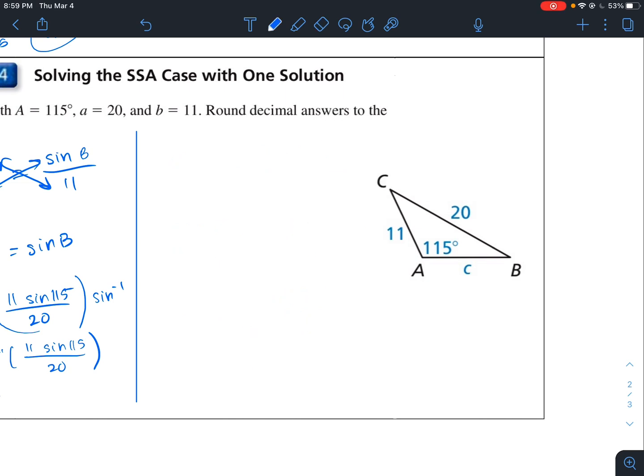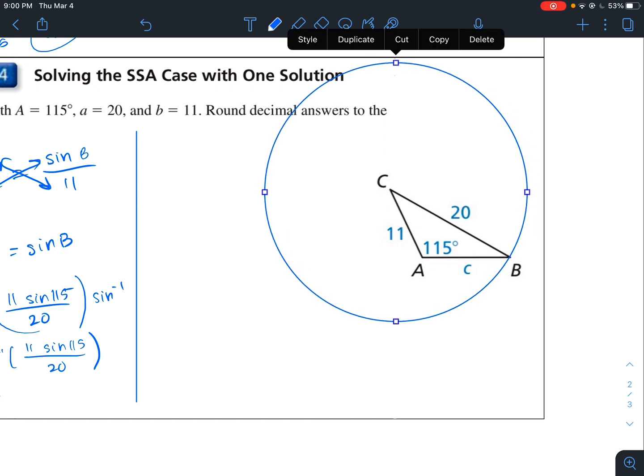But if I draw, say, a circle, okay, let's say I draw a circle, try and make that as even as possible.